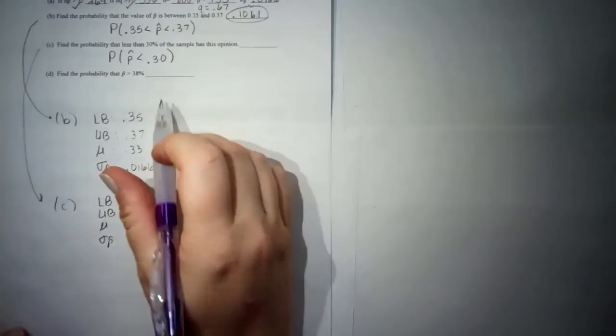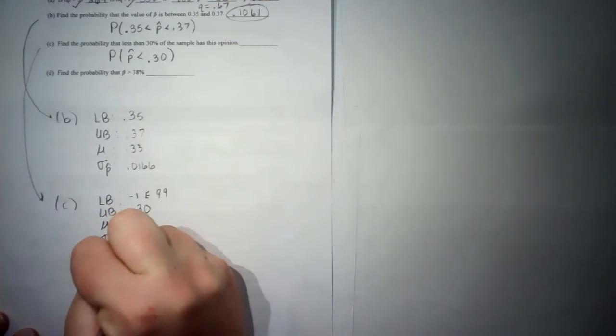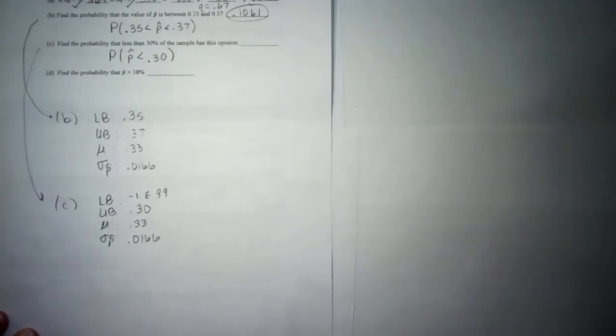Then what's my upper bound going to be? 0.3. Is everybody okay with those lower and upper bounds? Then our mean stays the same and our standard deviation stays the same. That doesn't change.